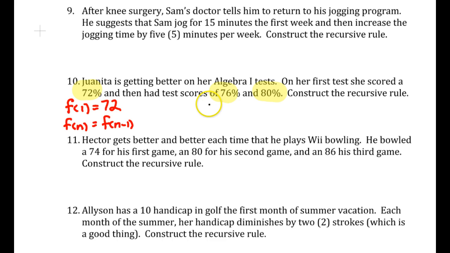And let's look for that difference. What is that difference? So 72, 76, and 80. What's the difference between 72 and 76? You get 4. And what's the difference between 76 and 80? You get 4. Remember, these have to be the same number all the way through. So our difference is 4. So my new value is going to be my last value plus 4 more percent.